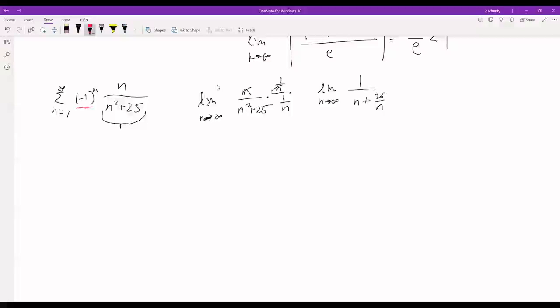This just goes to 0, and we're left with the limit as n approaches infinity of 1 over n, which is 0. So this goes to 0, therefore this series is convergent. So that one is pretty simple.